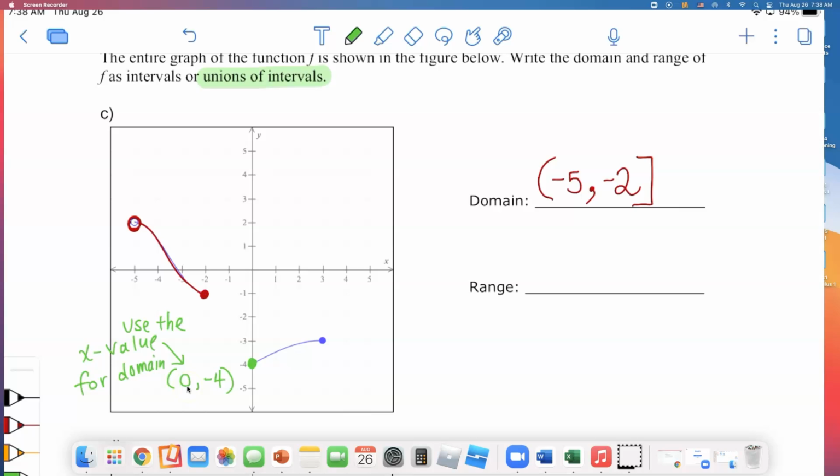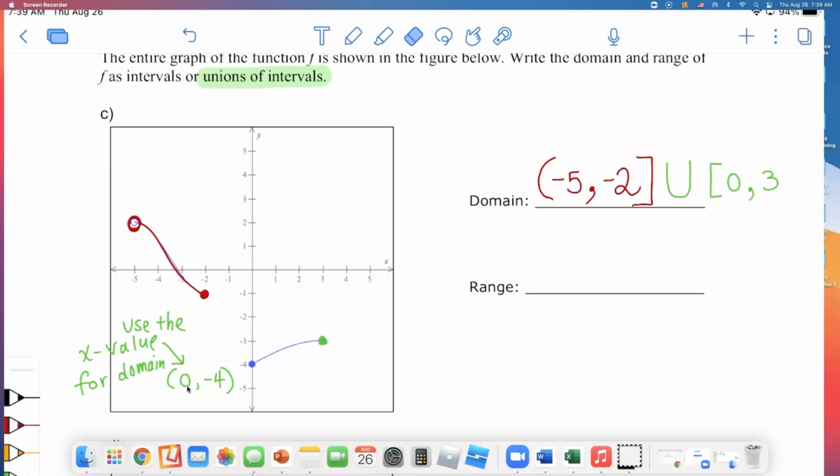So draw a U symbol in between the first interval, and then now I'm going to go ahead and write square bracket 0, comma, because the second piece starts at 0, and it goes all the way to this value. The x coordinate is 3. So I'll go ahead and say 0, 3.